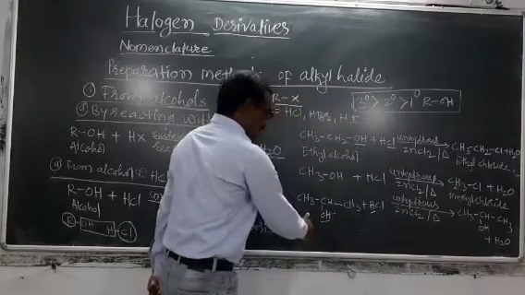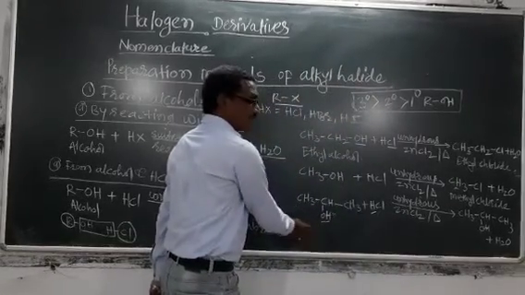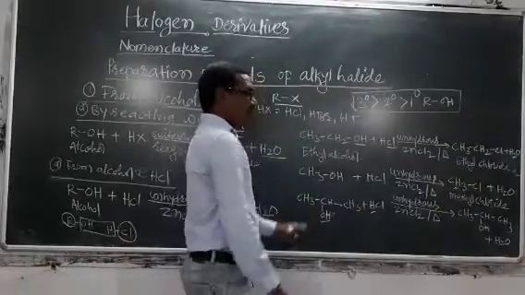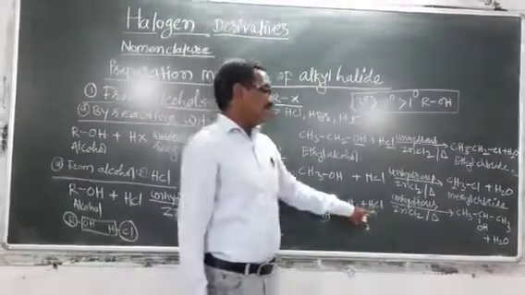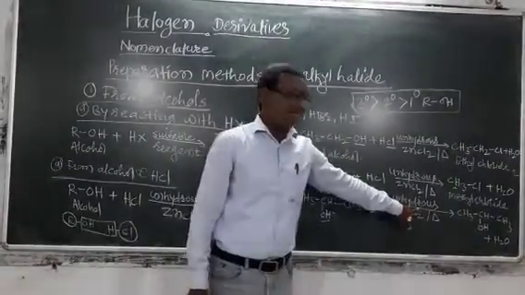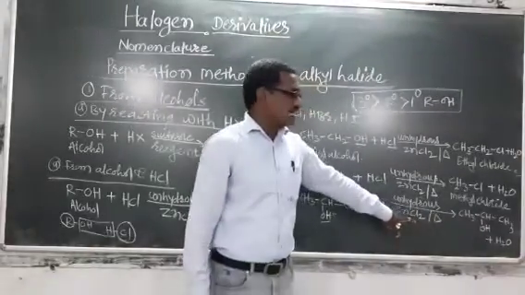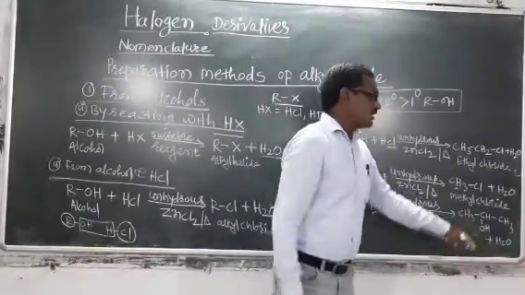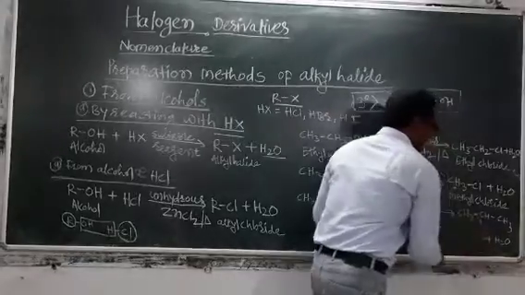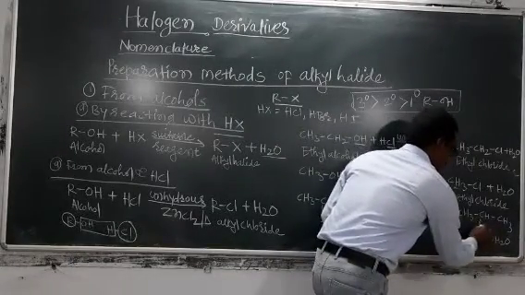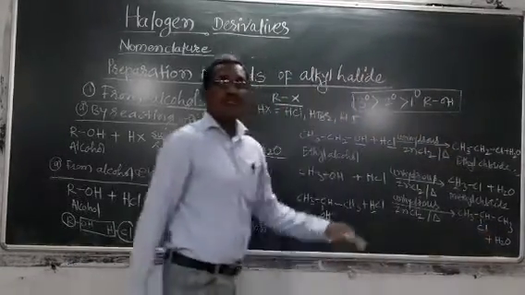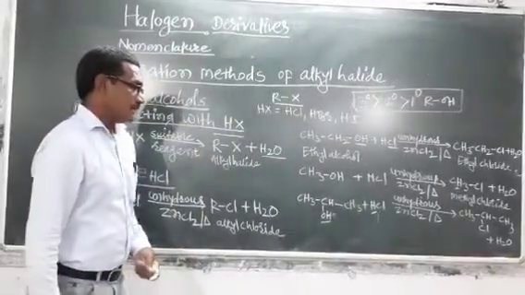Here, isopropyl alcohol is reacted with HCl in the presence of anhydrous ZnCl2, zinc chloride. It will give isopropyl chloride.